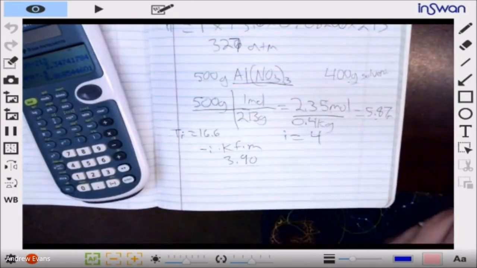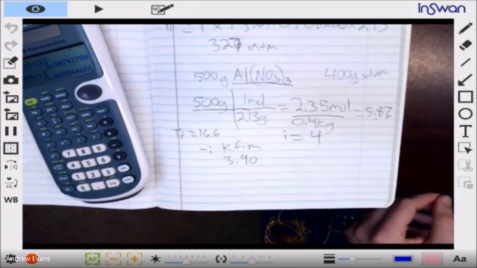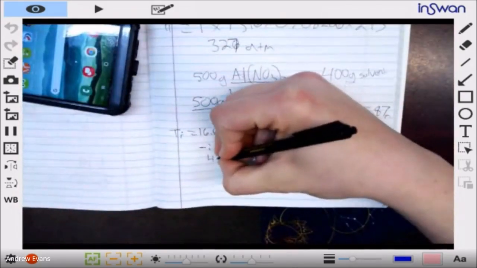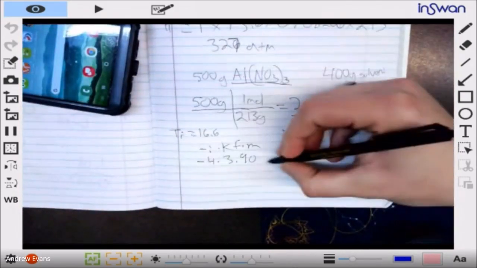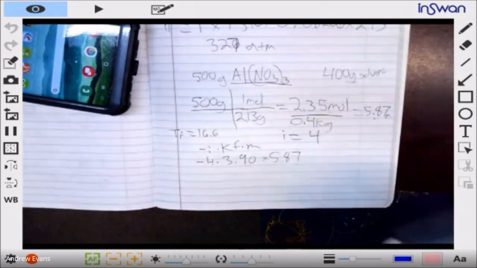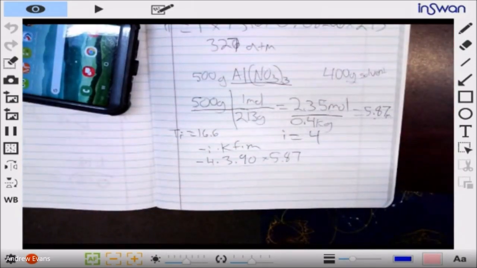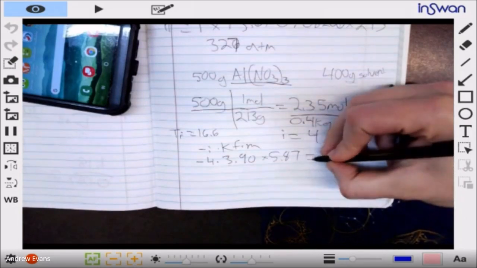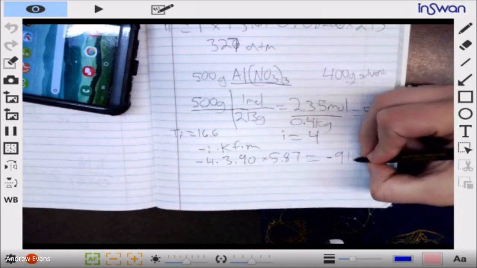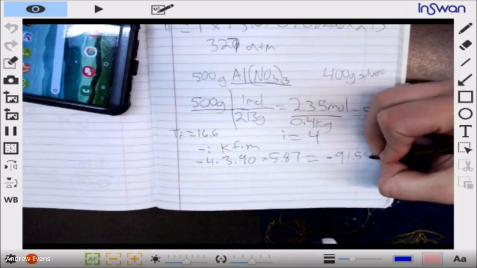So with that in mind, 4 times 3.9 times 5.87, we would drop negative 91.58.